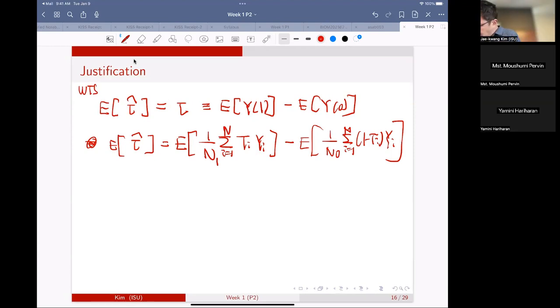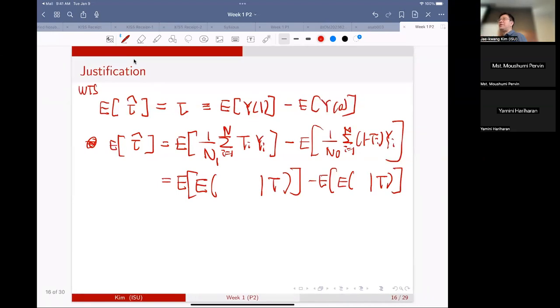And then the usual thing is to do the business of conditioning, right? So if I do that, because we have two random variables, we want to separate them out. So if you do the conditional, this term is here.